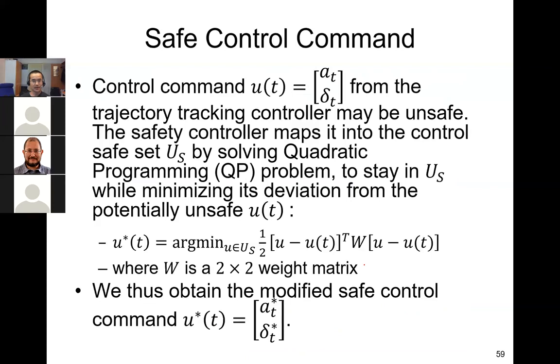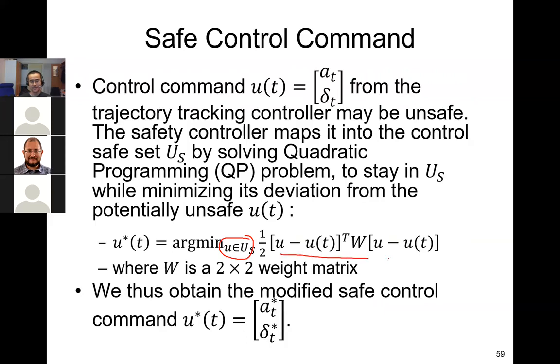And then you have the trajectory tracking controller generate the control command, which may be unsafe. The safety controller maps it into the control safe set U_S by solving a quadratic programming problem to stay in U_S, that's the constraint, while minimizing its deviation from the potentially unsafe U_T.